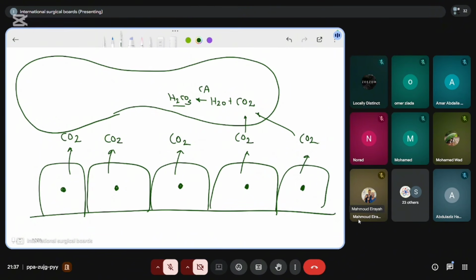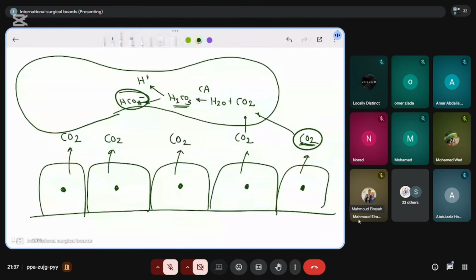Then this carbonic acid breaks further into protons and bicarbonate. Now, if you notice something, the carbon atoms and the oxygen atoms that were in the carbon dioxide are now here in the bicarbonate. Is that right?